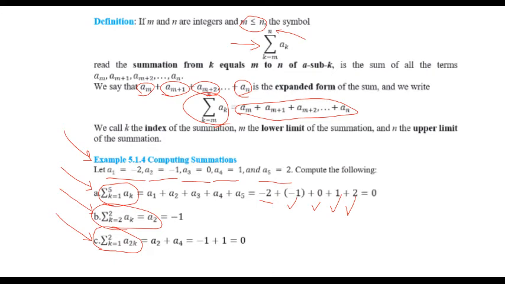If you replace k by 1, you get a sub 2, and if you replace k by 2, you'll get a sub 2 times 2, which is a4. And a2 plus a4 is obviously equal to -1, which is a2, plus 1, which is a4, is equal to 0.